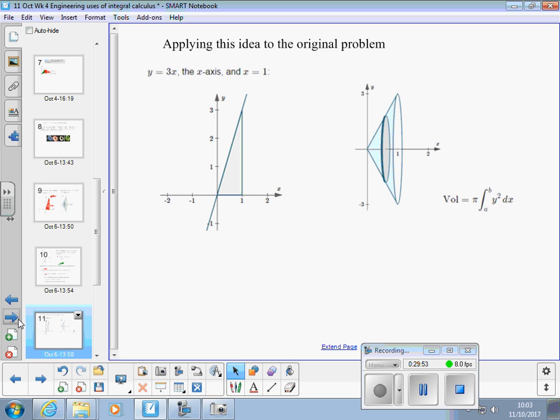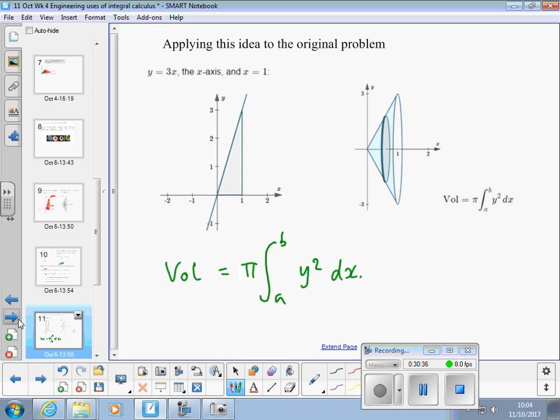So, going back to our original problem, if we apply that technique to that problem, how do we go? Volume is equal to pi times the integral between b and a of y squared dx.